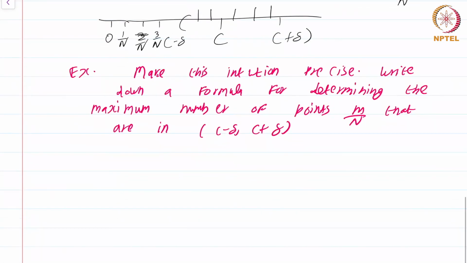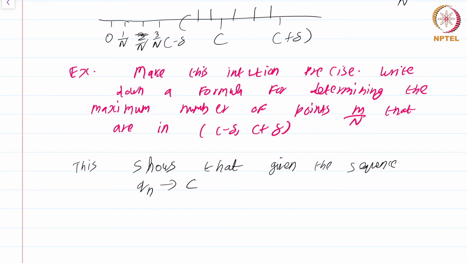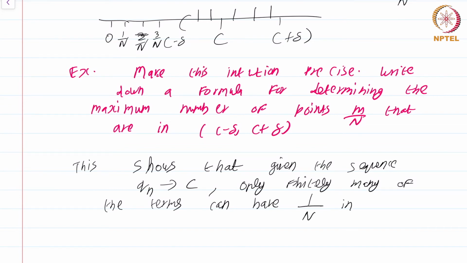What does this show? Well, this shows that given the sequence Qn converging to C, only finitely many of the terms can have 1 by n in the denominator in the least form.